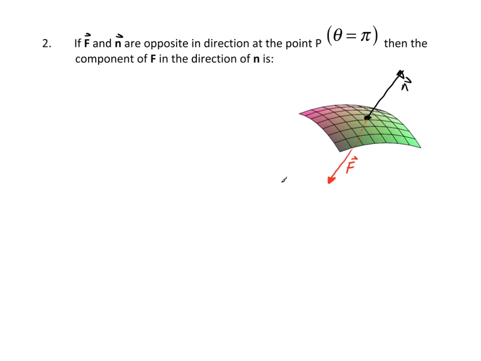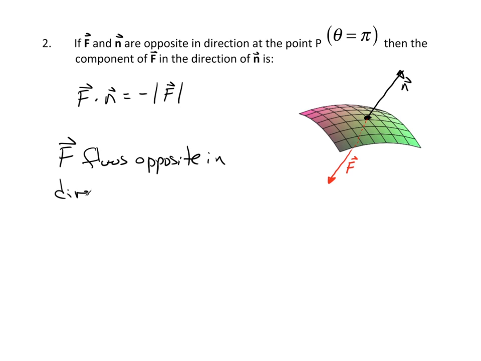Then the component of F in the direction of n is, once again, F dot n, which in this case is the negative of the magnitude of F, which means F flows across the surface opposite in direction of n.